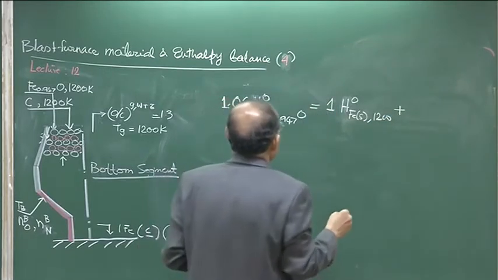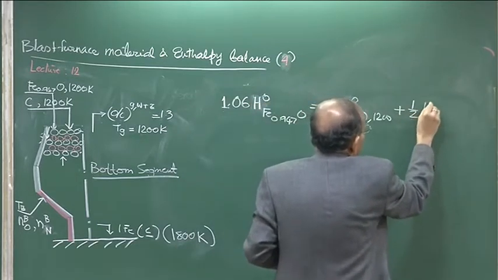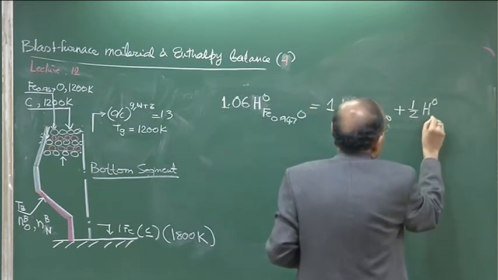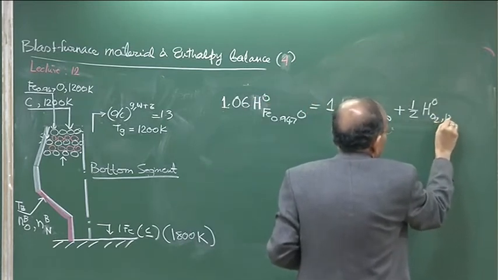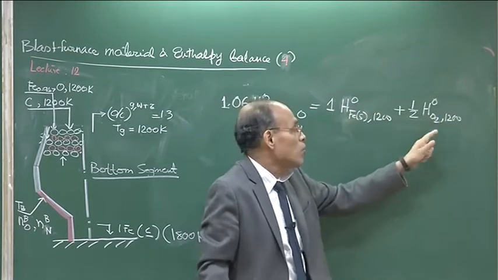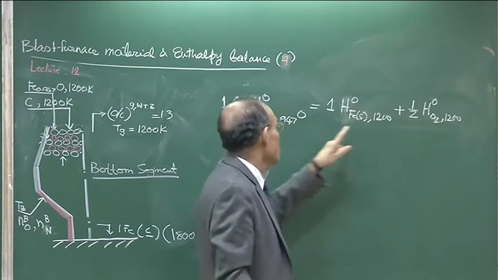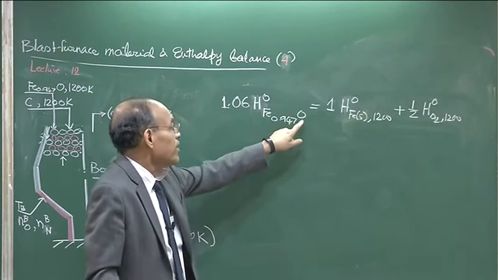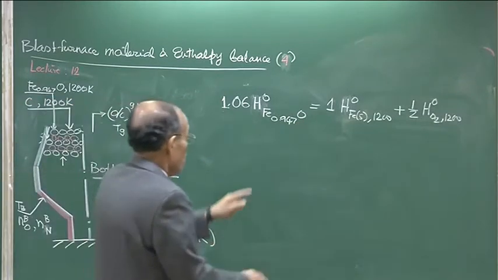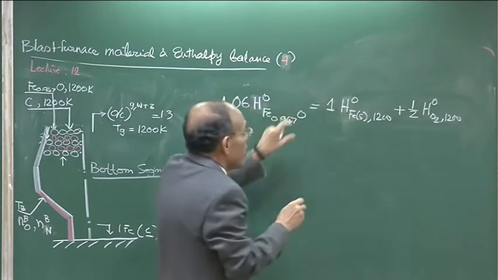half mole of oxygen, so I will say half of H naught O2 at 1200. The standard enthalpy that I have taken from handbooks regards O2 as the mole, and I have used half of its value because we have half a mole. O is my molar basis, not O2, so we have only one atom of oxygen.